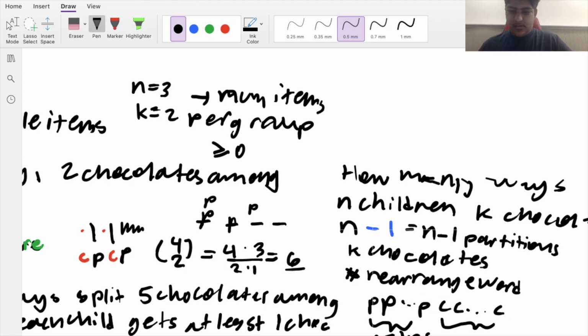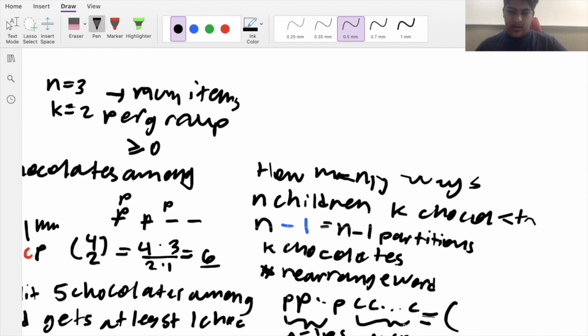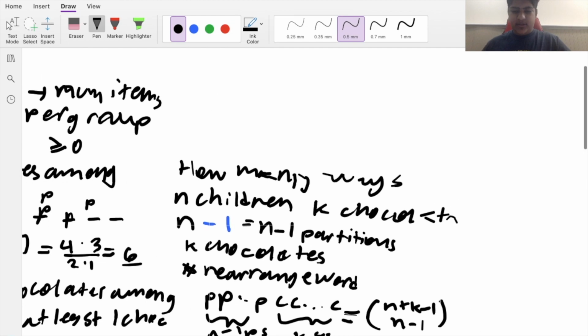So this is just equal to, how many total partitions and chocolates are there? There's just n plus k minus 1. Choose n minus 1 partitions. And this can also be written if you choose k chocolates out of the n plus k minus 1 words.